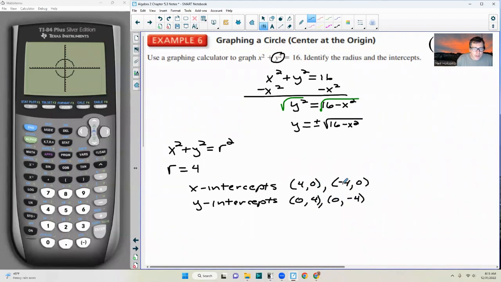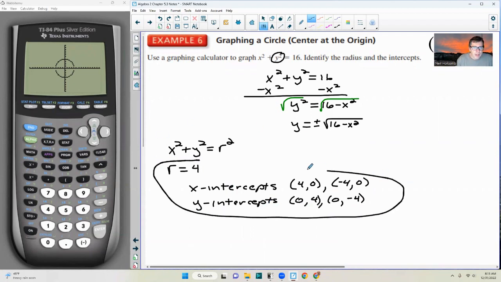So the points (4, 0) and (negative 4, 0) are here and here. The x-intercepts, and the y-intercepts of (0, 4) and (0, negative 4). And so there's the answer to the questions, the radius of 4 and the intercepts. At this point, you should be able to do problems 57 and 58 on the homework.